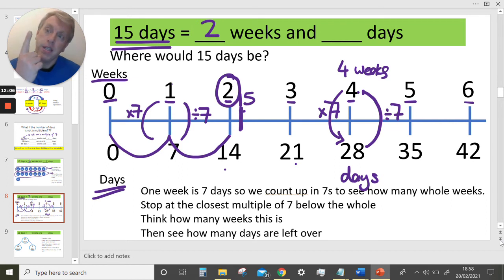But there's still one more day because we only got up to 14. 1 more makes 15. 2 weeks and 1 day. We're counting up in 7s and stopping when we get to the multiple of 7 which is just below the total number of days.